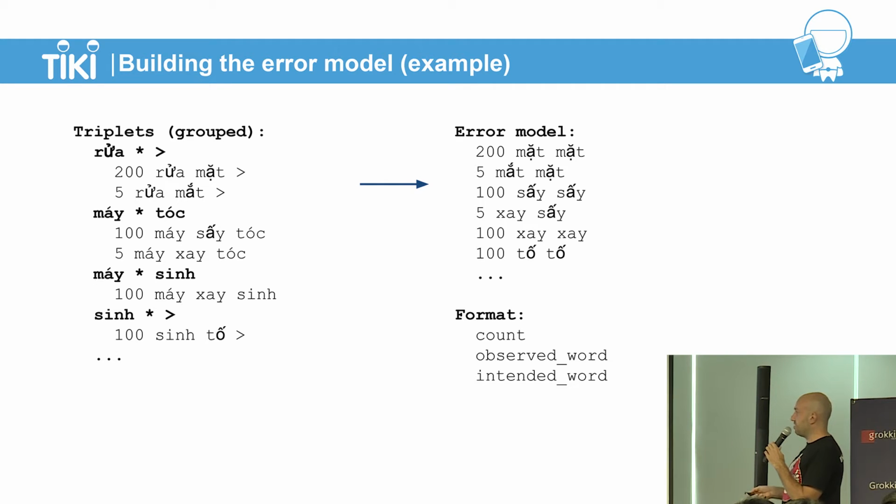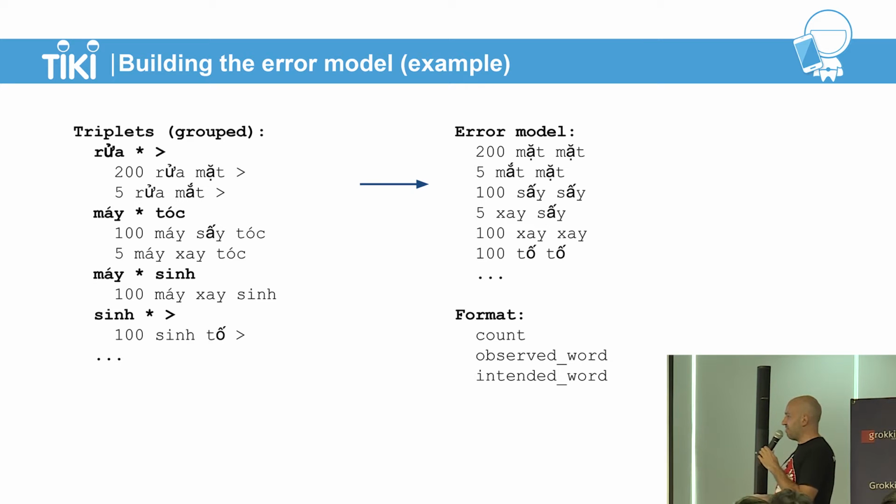One is my say top, and another one is my say top. And also we have very simple groupings, like my something sing, and we only have 1 triplet which is coming under this grouping. It's my say sing. My say sing to, this was the original one, but this is just a triplet. We don't care about the words here.